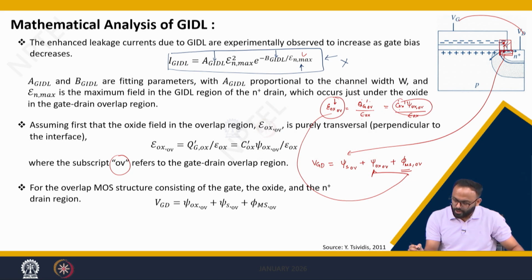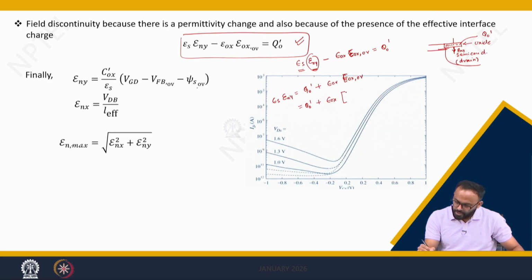into this E Ox can be written as C Ox into psi Ox divided by epsilon Ox. So, C Ox dash into psi Ox dash overlap divided by epsilon Ox. This will get cancelled, and you will get Q naught dash plus C Ox dash common.